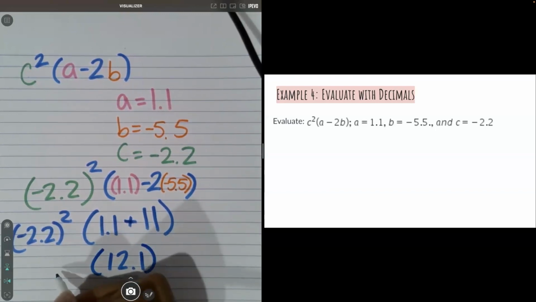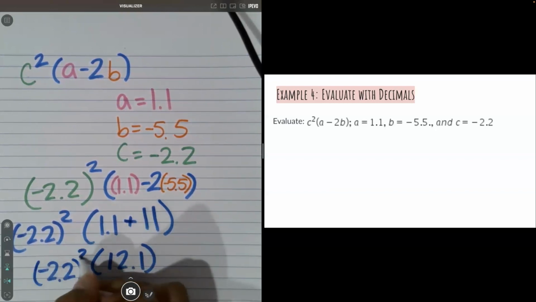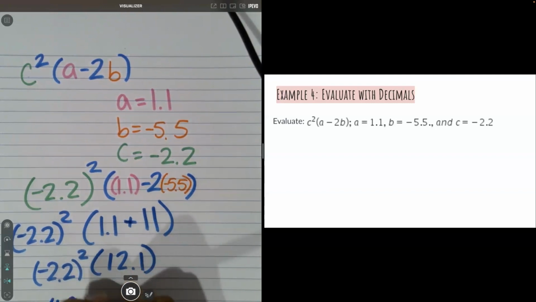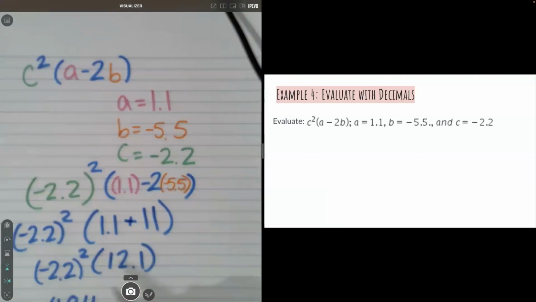And that is going to be multiplied by -2.2 to the second power, because now there's no operations in my parentheses. So it's just multiplication now. 2.2 squared is 4.84. And since it's a negative squared, negative times a negative equals a positive.